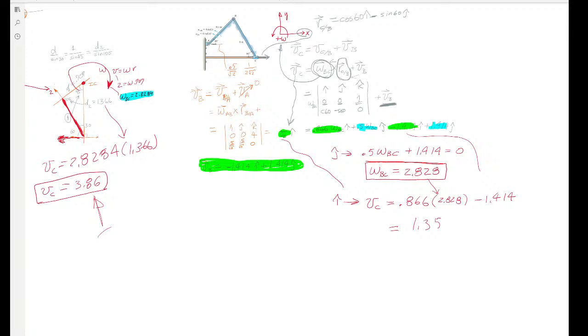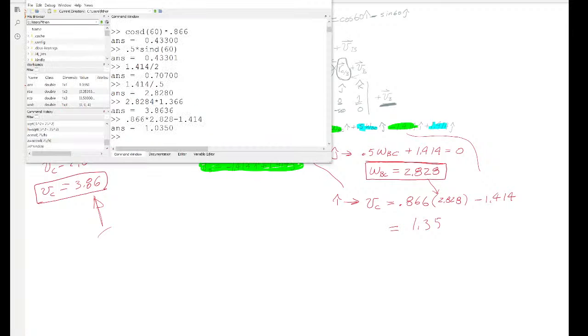Okay, velocity C, I put the velocity B over there. I did the check here. I got my omega BC. Put my omega BC back in here. And one of the things I think, wait a minute. Let me make sure I typed in that correctly. There is something that's a little disturbing to me at this point.